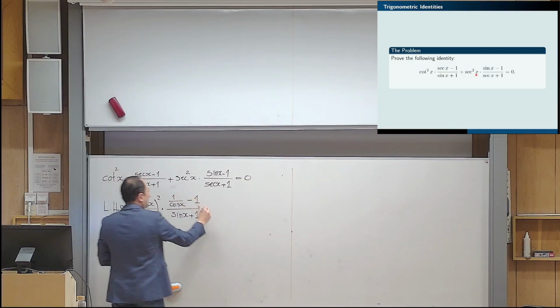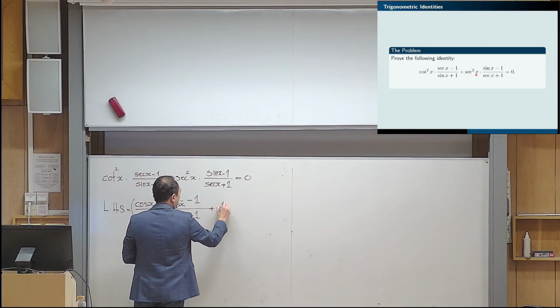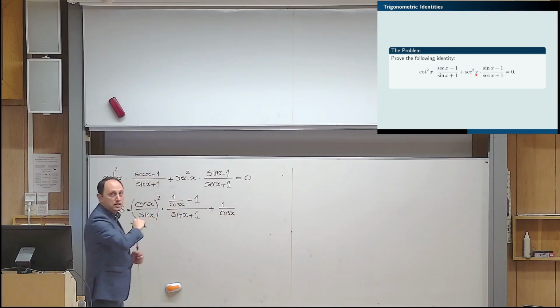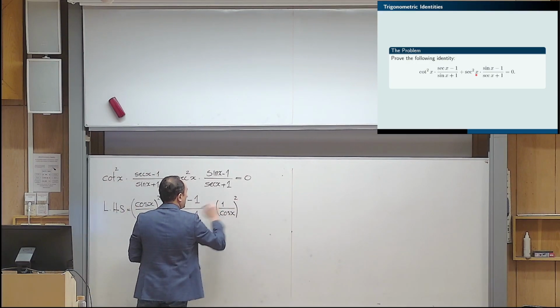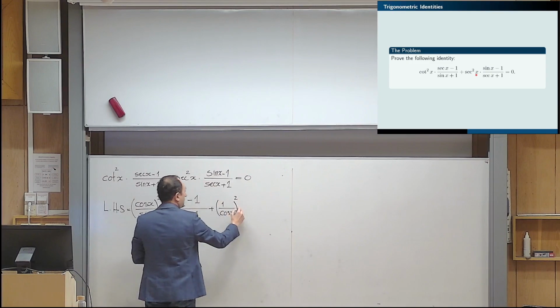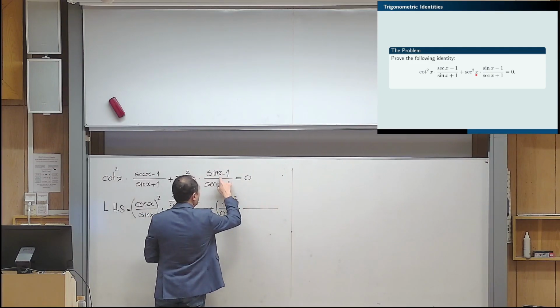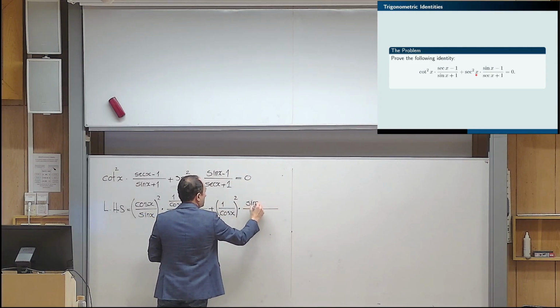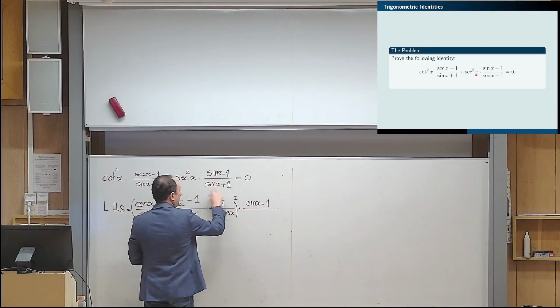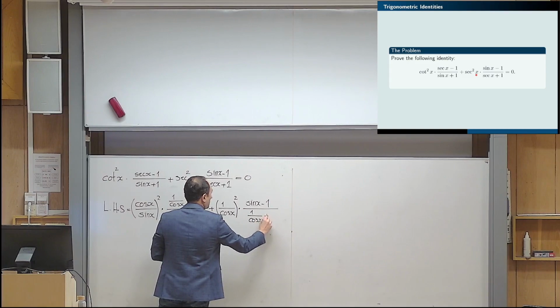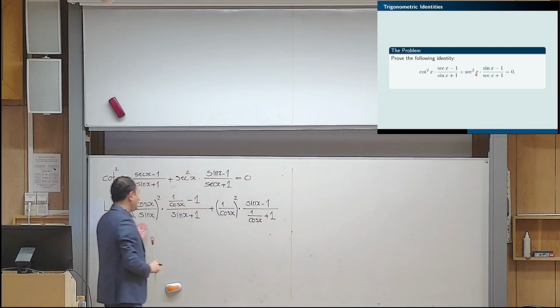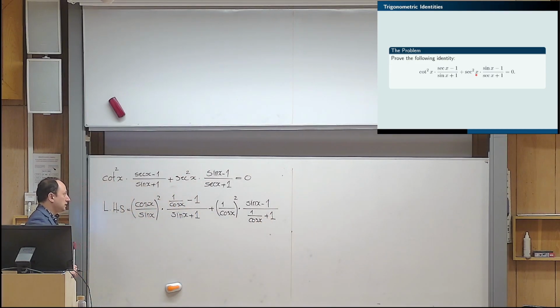And here, again, secant means 1 over cosine x, but I have secant x squared, so the whole expression here is to the power of 2, multiplied by sine x minus 1. Here, with the definition of secant I use, I will get this. So this is, again, the left-hand side, but expanded a little bit.